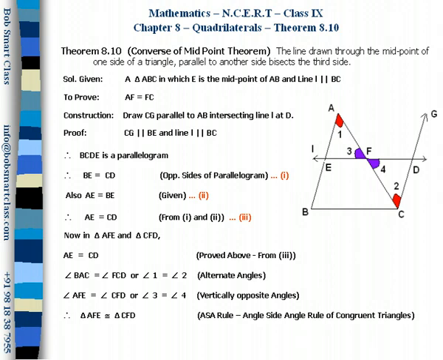Therefore, triangle AFE is congruent to triangle CFD. Now, if these two triangles are congruent, then their corresponding parts are always equal. Hence, AF equals FC. Hence, this theorem is proved.